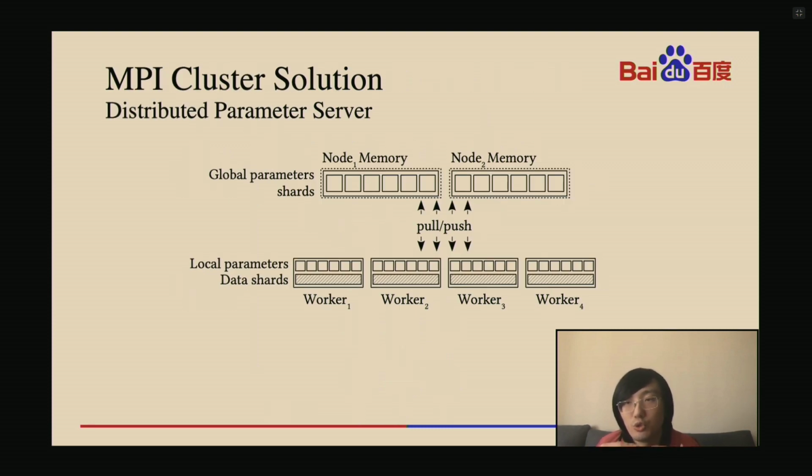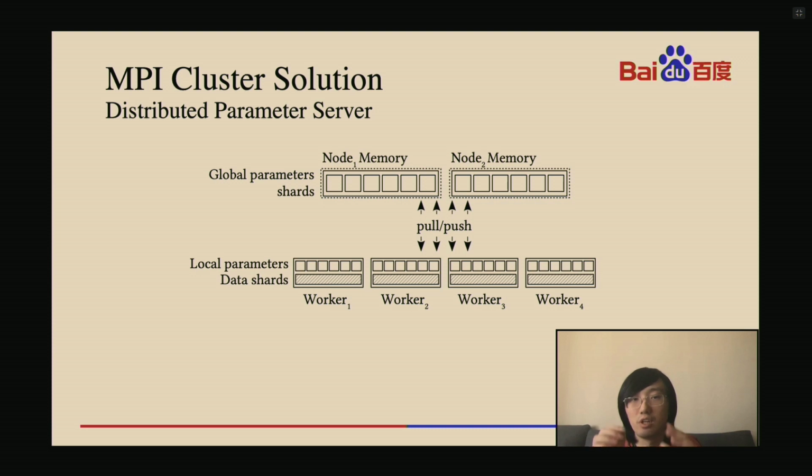In order to train this 10 terabyte model, we previously used an MPI cluster solution, also known as the distributed parameter server. Consider we have those large models that are out of one single machine's memory, and we partition all the parameters across the nodes in the cluster.